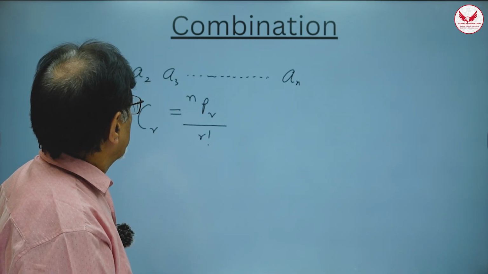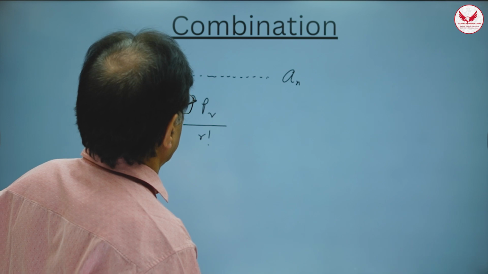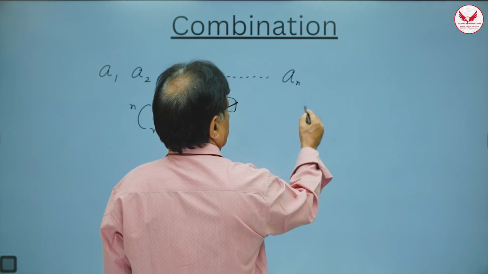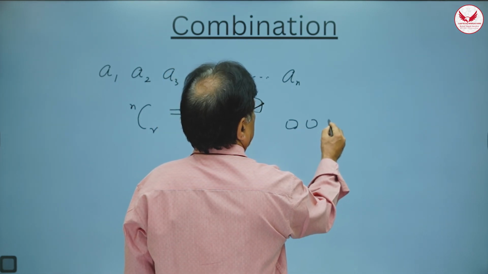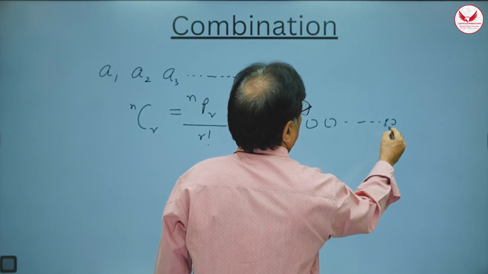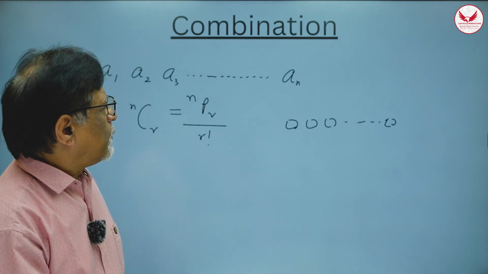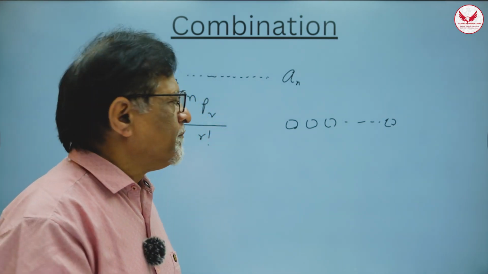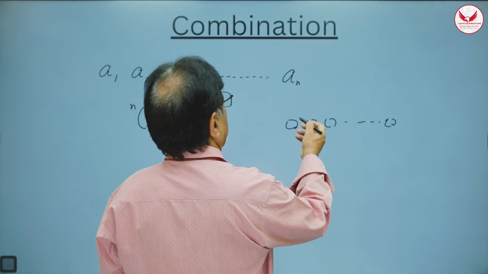Why is it so? Because suppose you take n objects and you arrange r objects. There are n objects available, but you are arranging only r objects. How many ways can r objects be arranged out of n?